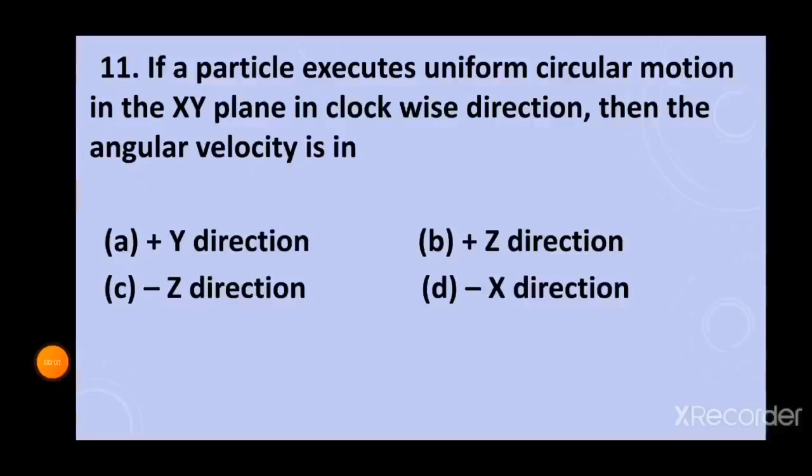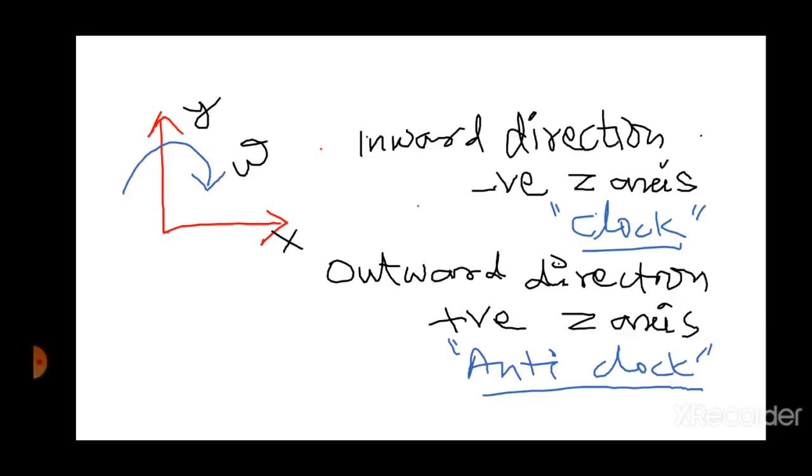Next problem, we are going to discuss: if a particle executes uniform circular motion in the xy plane in clockwise direction, that means the particle rotates in clockwise direction, then the angular velocity is in which direction? So students, now taking an xy plane, x-axis and y-axis, the particle rotates in clockwise direction.